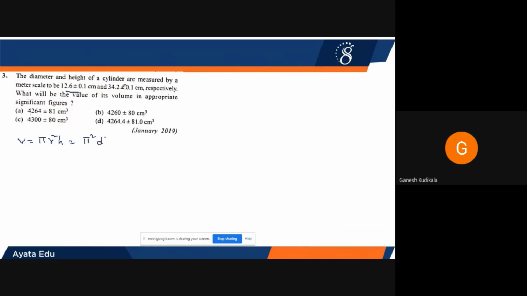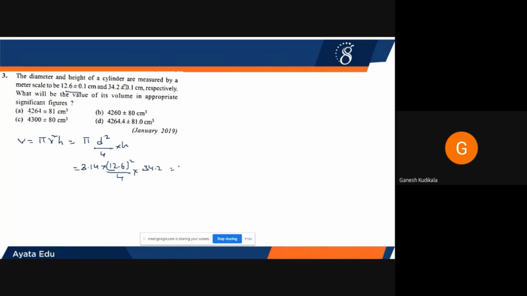Therefore, pi into d by 2 whole square, that is d square by 4, into h. On simplifying, pi is 3.14 and the diameter will be 12.6 whole square, no error here, divided by 4, into height 34.2.